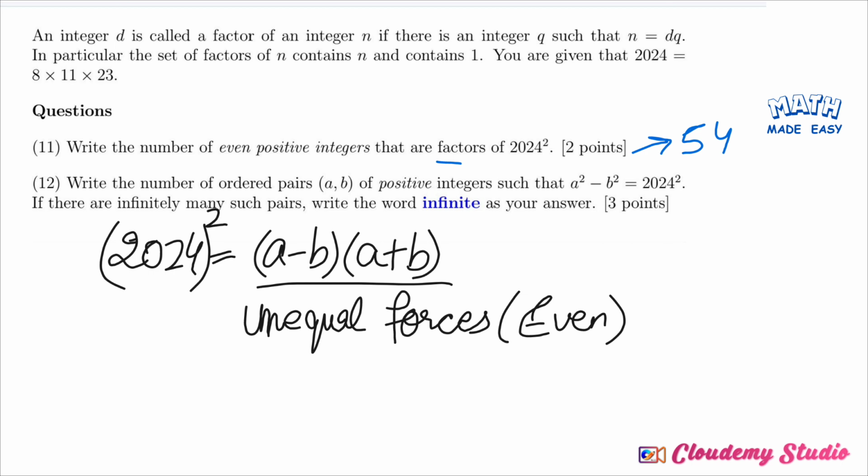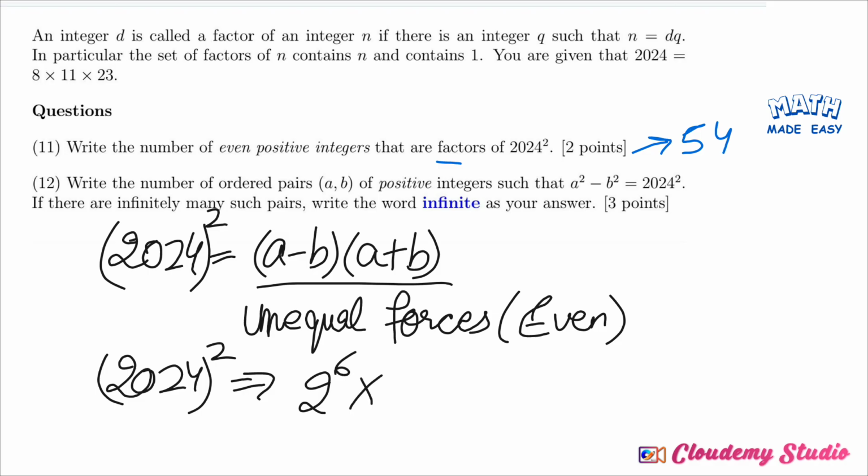Now conversely, it is given the factorization of 2024 squared into even unequal factors.